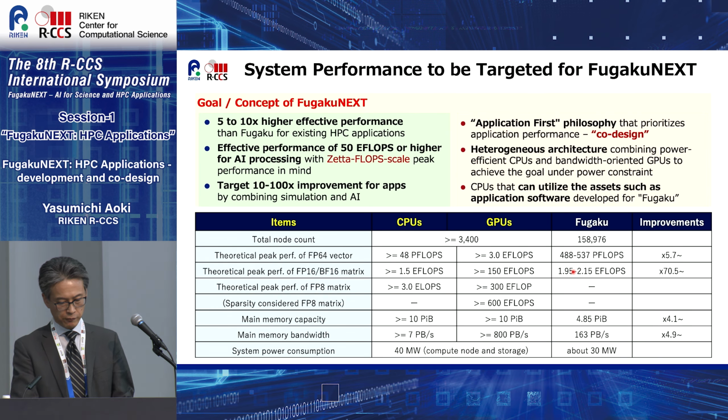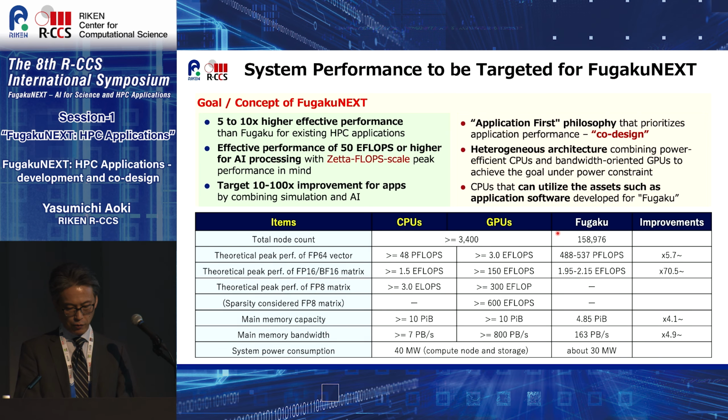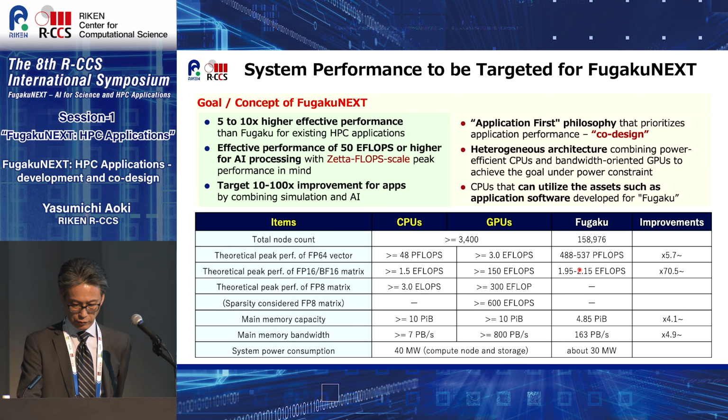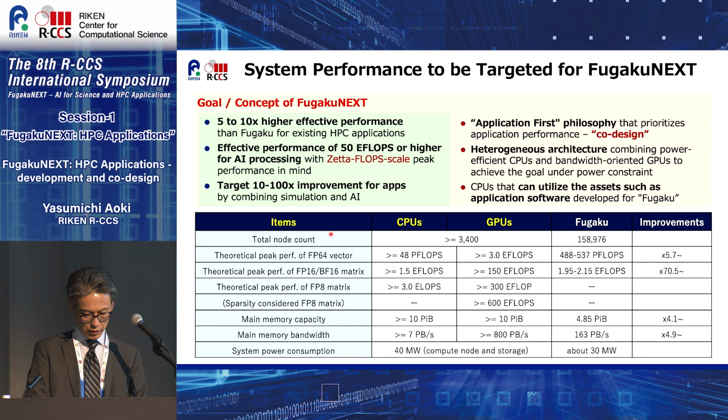So this table shows the expected specification of the FugakuNEXT machine compared to the current Fugaku machine. For example, the FP64 vector operation is expected to improve more than 5 times from Fugaku.